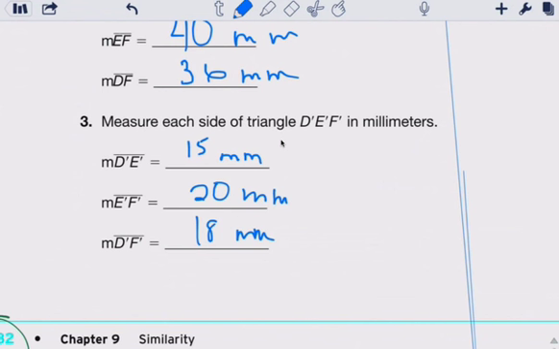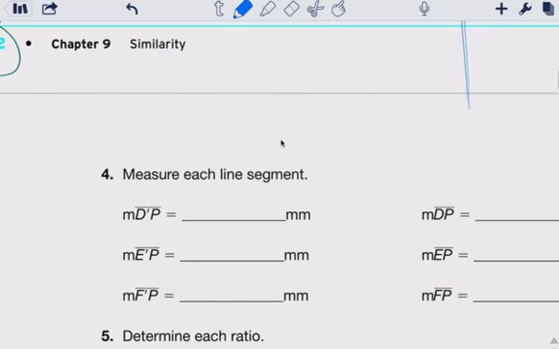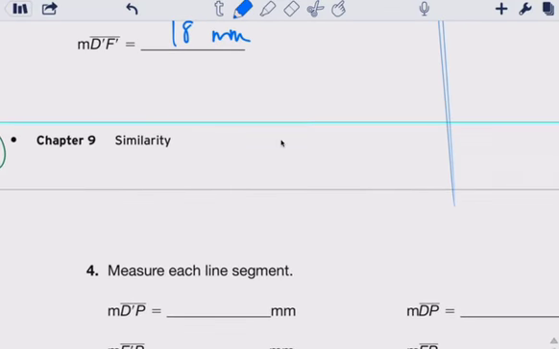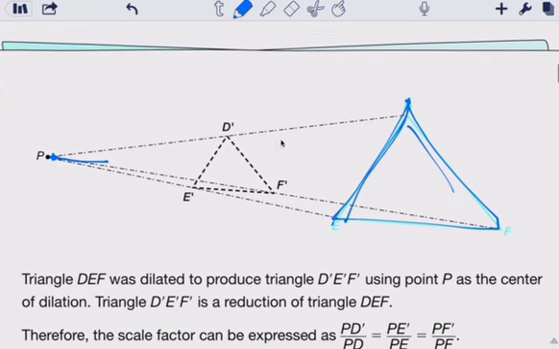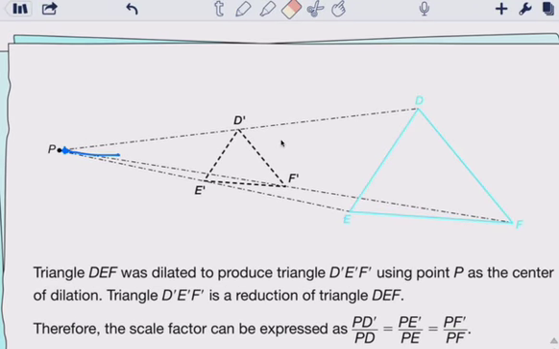Okay, and then go to the last page. Measure D prime to P. That's D prime to P right here, the point of origin right there.